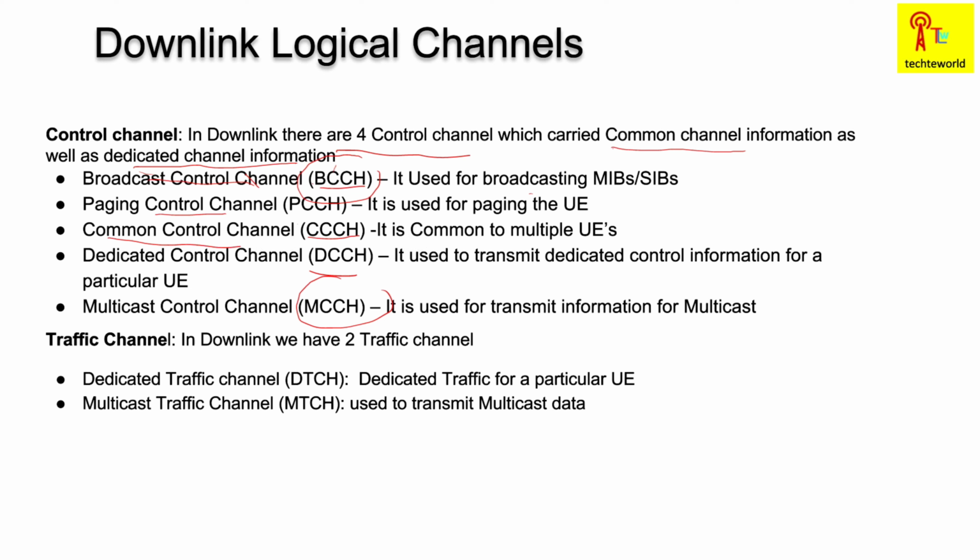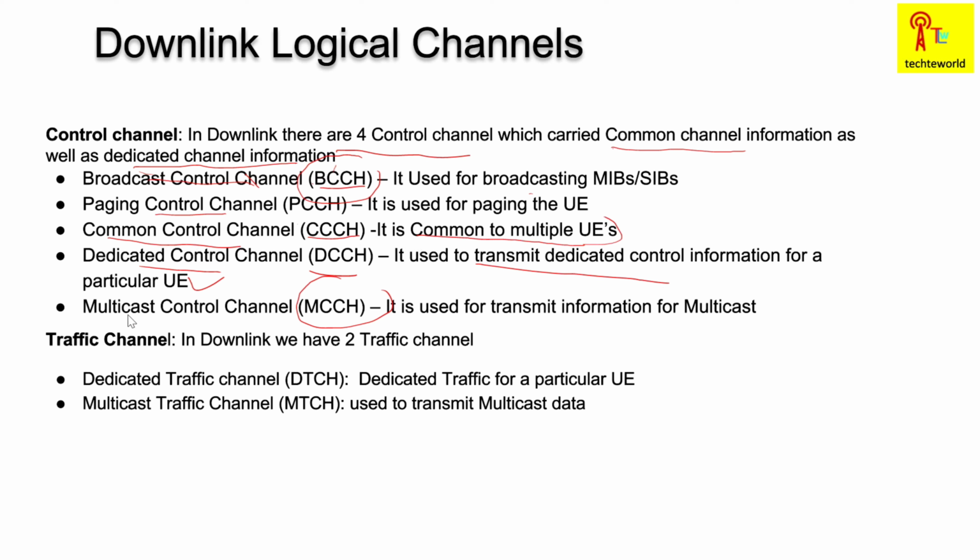And then we have the dedicated control channel, used to transmit dedicated control information for a particular UE, as I told in the previous slide. There were 2 classifications: common channel and dedicated channel. Here also the common control channel is common to multiple UEs, so it is point to multi-point. The dedicated control channel is used to transmit dedicated control information for a specific UE, so it is point to point.